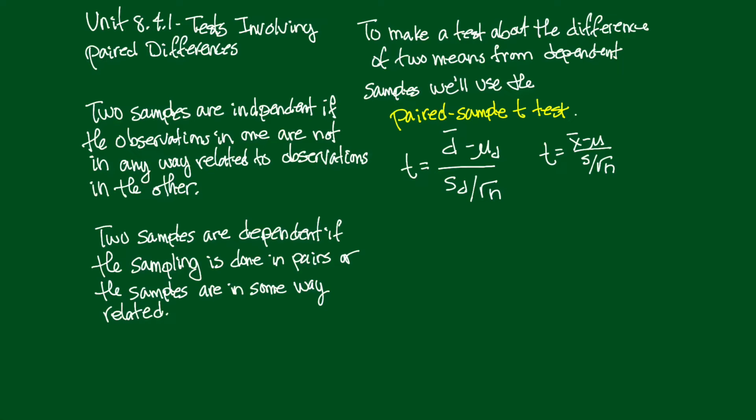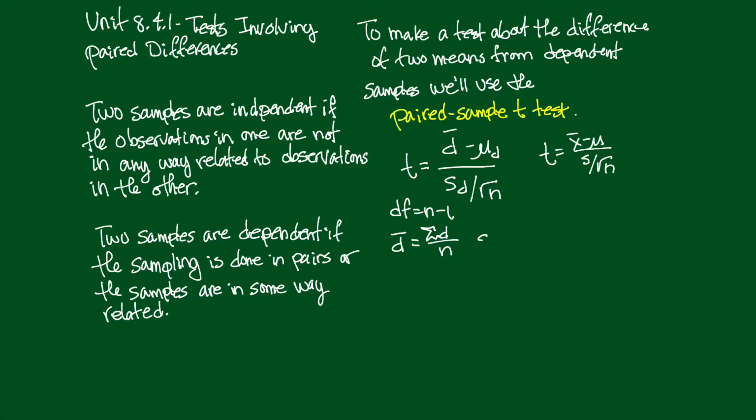Now it is a t-distribution, so we have degrees of freedom. And in this case, degrees of freedom is going to be n minus 1, sample size minus 1. And d bar, the d bar right here, that's the average of the d's. And how do you find the average of the differences? Well, you add up all the differences and you divide by the number that you have.